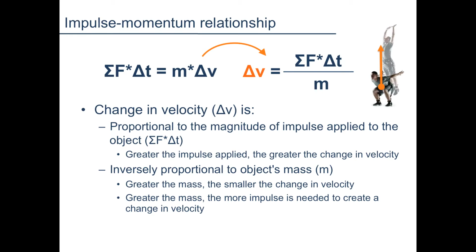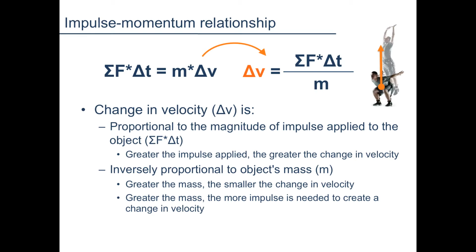Rearranging the impulse-momentum relationship to look like what's on the right side is helpful in understanding how you can change the object's velocity. Looking at the equation, you see that the change in velocity of an object is proportional to the net force applied to the object and the time over which the force was applied.